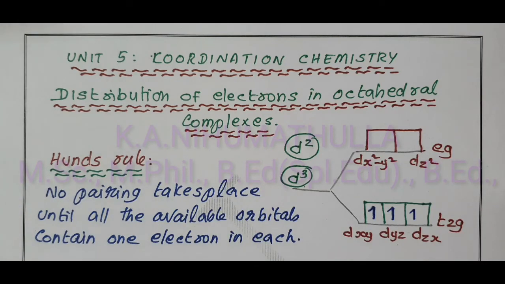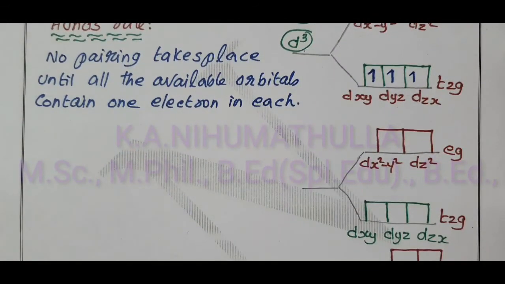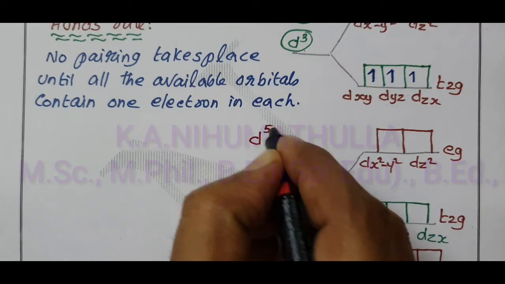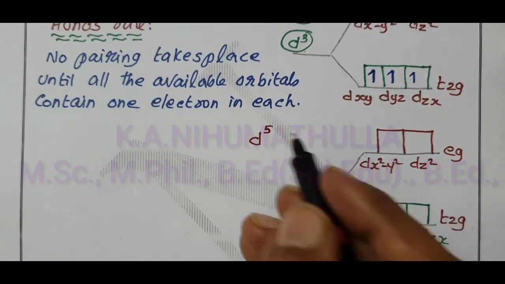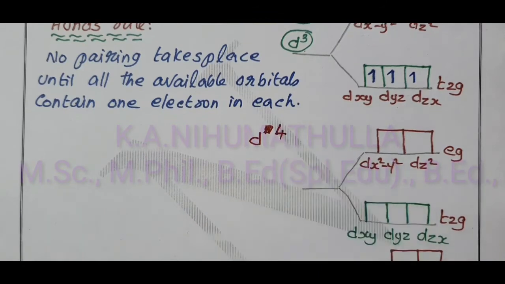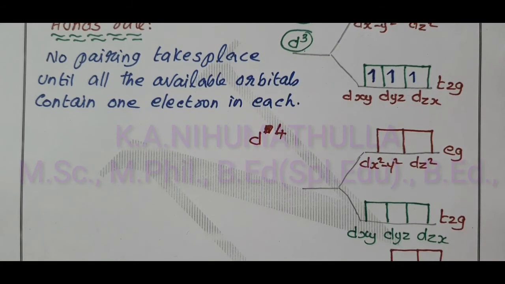In case of the octahedral complex containing d4 electronic configuration, now you may have one doubt. There are 2 possibilities.